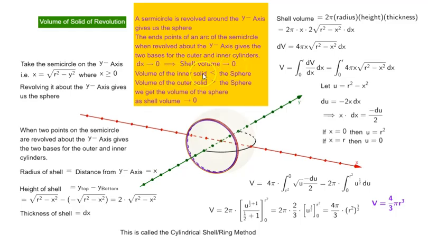Now the volume of the inner solid, that is the inner cylinder, is less than the sphere, and the volume of the outer solid, that is the cylinder, is greater than the sphere, which means we get the volume of the sphere as shell volume goes to 0, that is on integration from 0 to r. So that was finding the volume of a solid of revolution, in the case of a sphere.